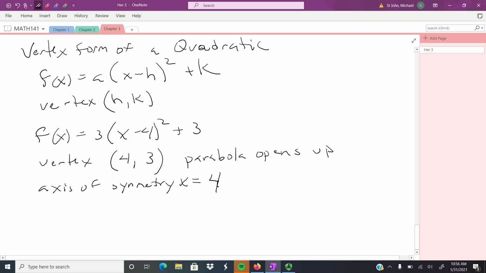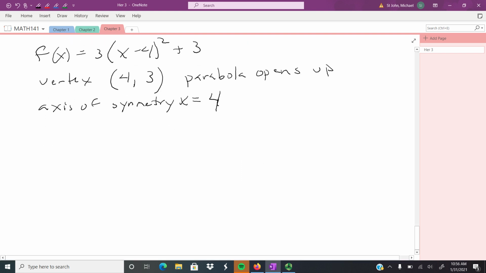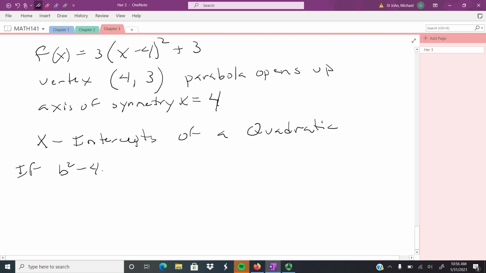The other thing we want to know about our parabolas, if we were going to try to graph this, is how many x-intercepts it has. That'll be given by this: if b squared minus 4ac is greater than 0, then it has 2 distinct intercepts.